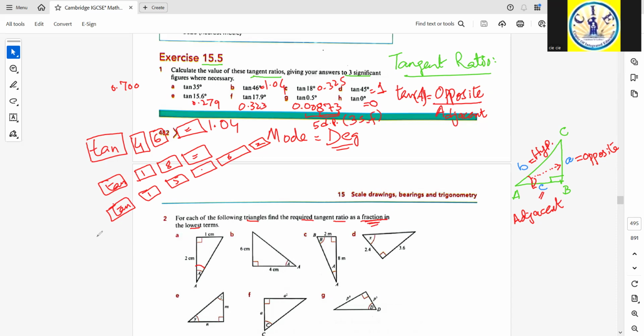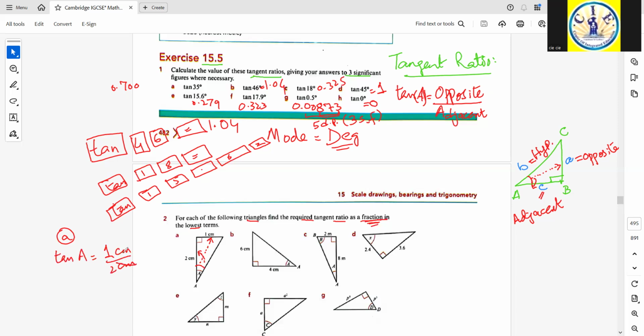So in the first part A, the side opposite to this angle of consideration is 1, and the side which is at the base or adjacent to this angle, that is 2. So we would write tangent of the angle A is equal to 1 centimeter divided by 2 centimeters.